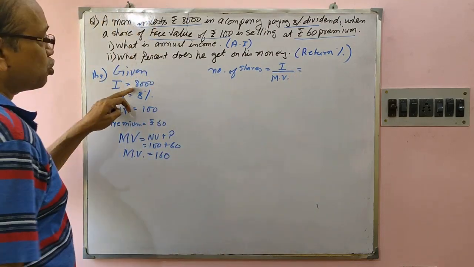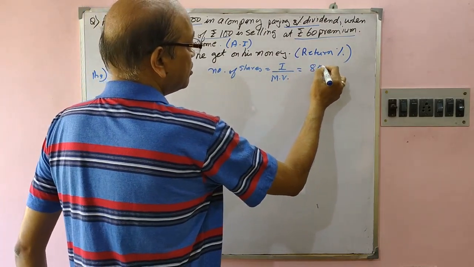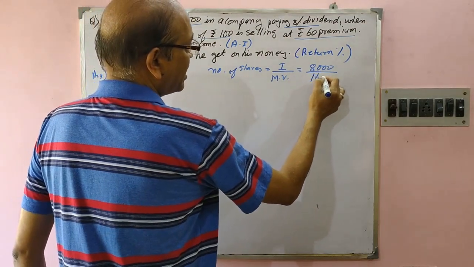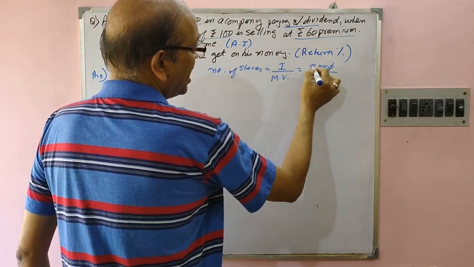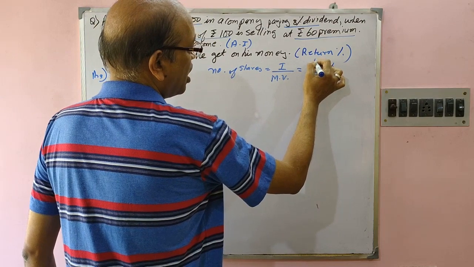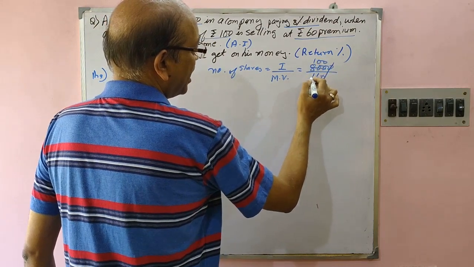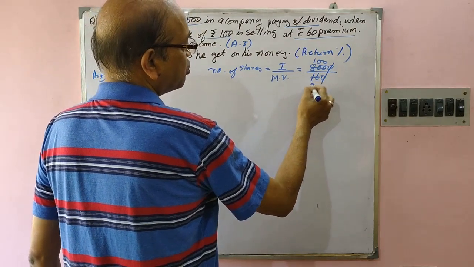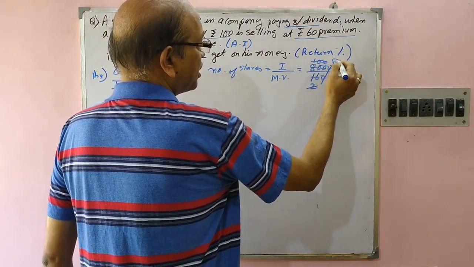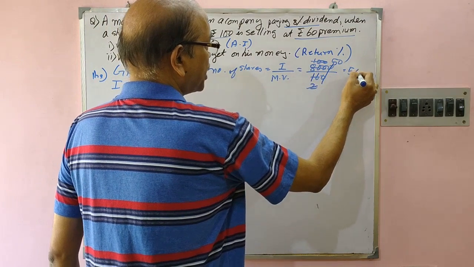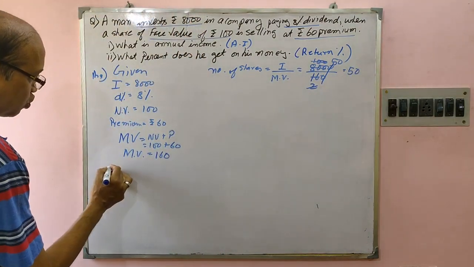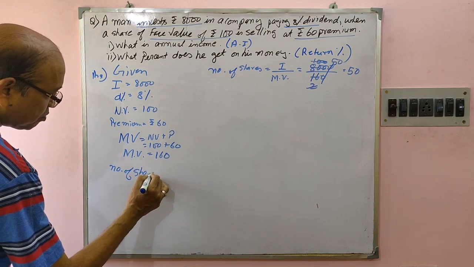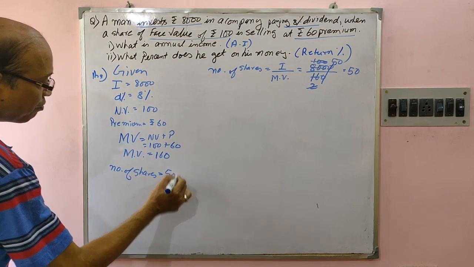So investment was 8,000, market value was 160. 8 will go 100 times, 8 will go 2 times 50. Therefore, number of shares is 50.